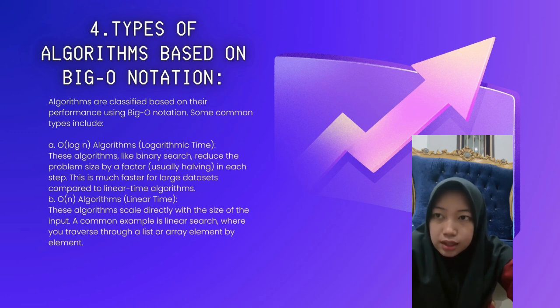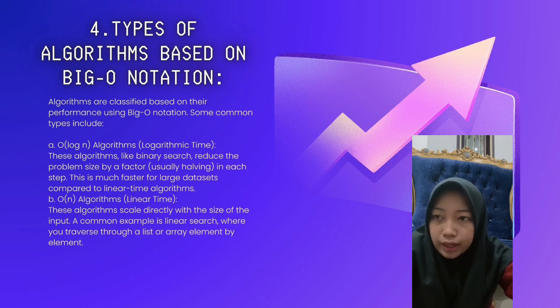Algorithms are classified based on their performance using Big O notation. Some common types include: A. O(log n) algorithms, or logarithmic time. These algorithms, like binary search, reduce the problem size by a factor, usually halving it at each step. This is much faster for large datasets compared to linear time algorithms.